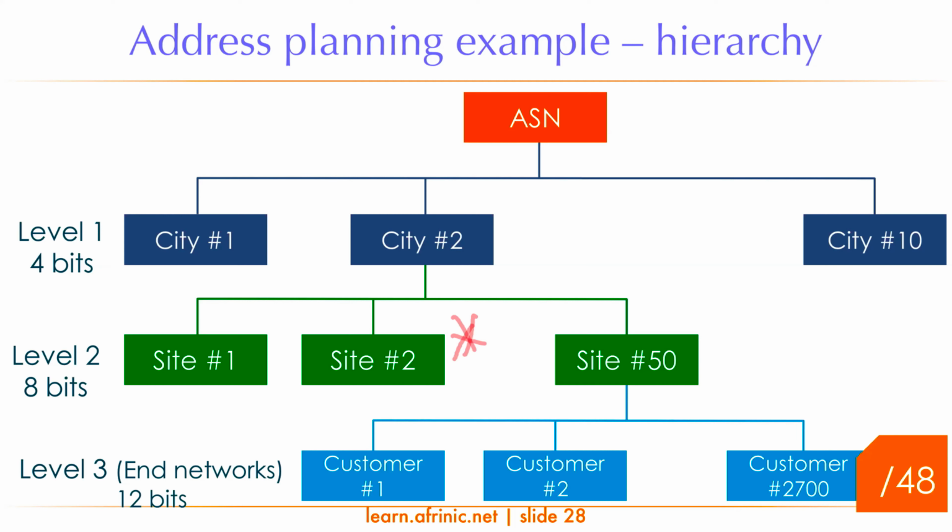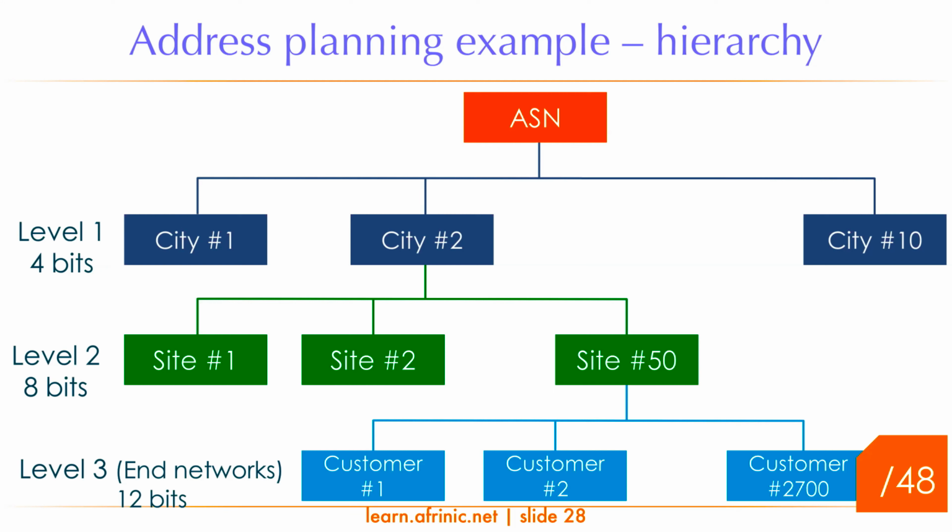As long as we can determine the largest site and the number of customers there, which is 2,700, the others will be covered automatically. So each of these customers, from 1 up to 2,700, needs to get a /48.